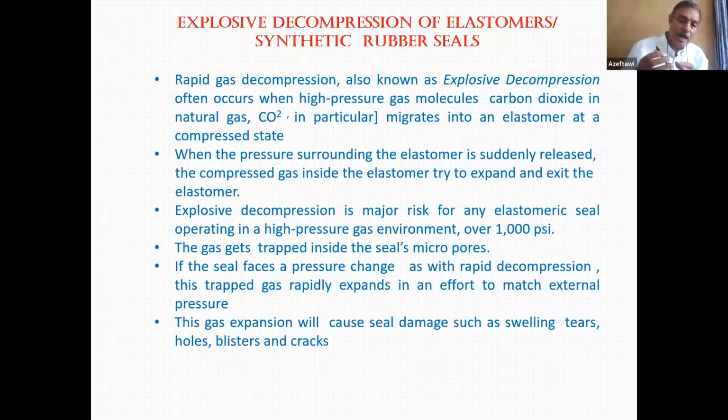So if this phenomenon happens, what should you do with this rubber? Throw it. Not just this one. If you have a BOP and you are doing regular maintenance, so you take it apart, and let us assume that you have 12 rubber elements on this blow-out preventer. And you notice that explosive decomposition already happened in 2 rubber items, but the other 10 are okay.